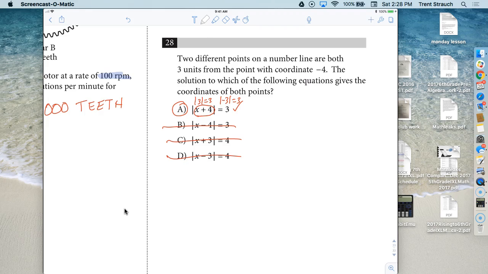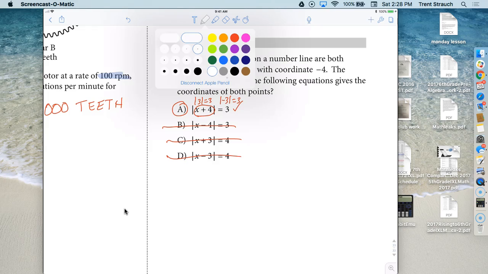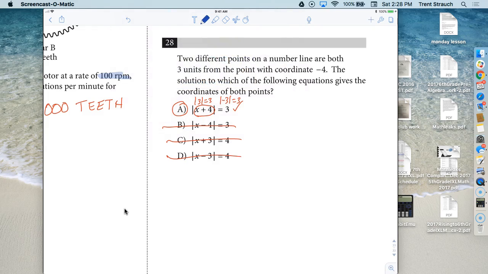So what I try to show kids is how you are going to figure things out. So to figure this out, it says 2 different points on a number line. So I'm drawing a number line, and it says 2 different points are 3 units away from -4. So I put -4 down, and if I'm 3 units away, I would be talking about -1, and I would be talking about what? -7.